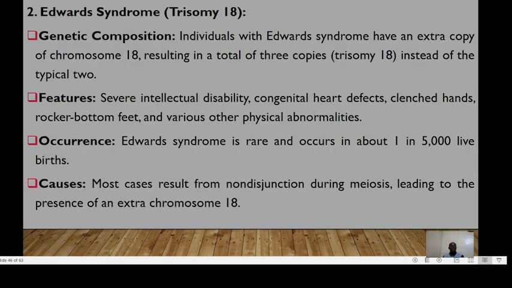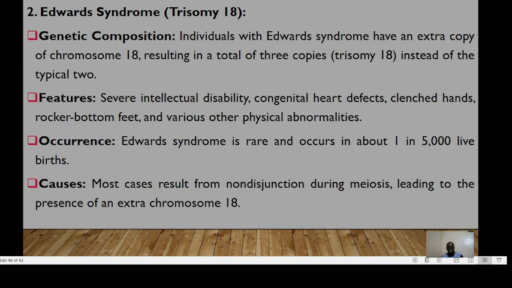Okay. The second condition is Edwards syndrome. This one is trisomy 18. Individuals with this syndrome have an extra copy of chromosome 18, resulting in a total of 3 copies instead of 2. Patients will present with severe intellectual disability, congenital heart defects, clenched hands, rocker bottom feet, and various other physical abnormalities.